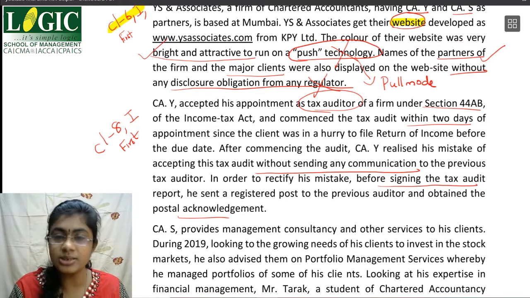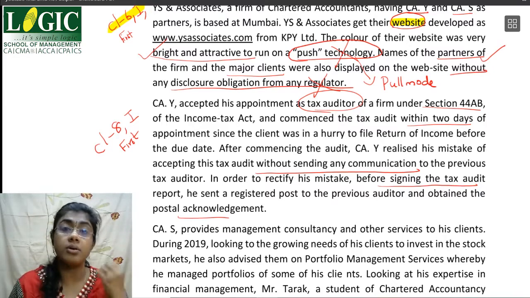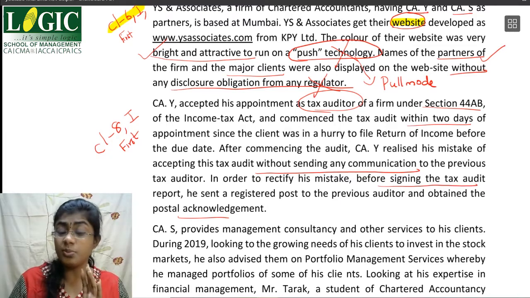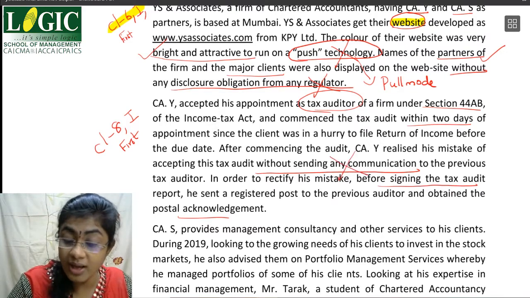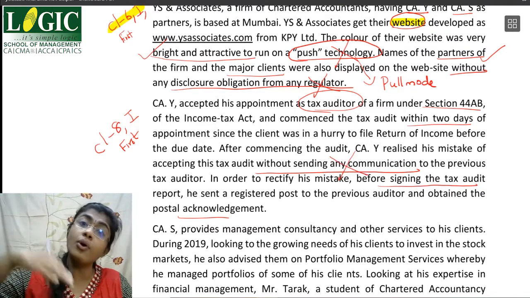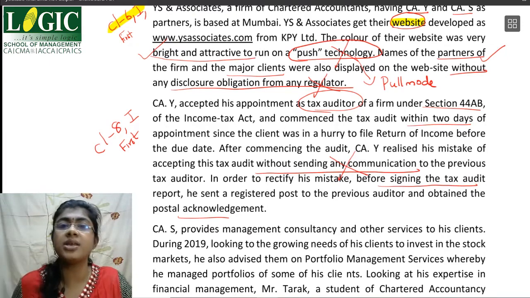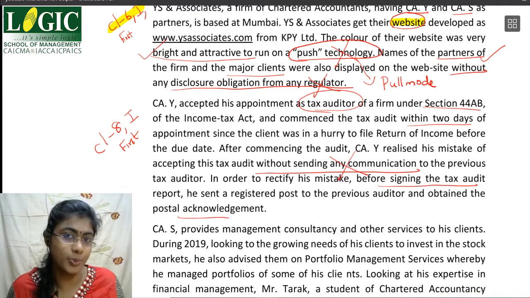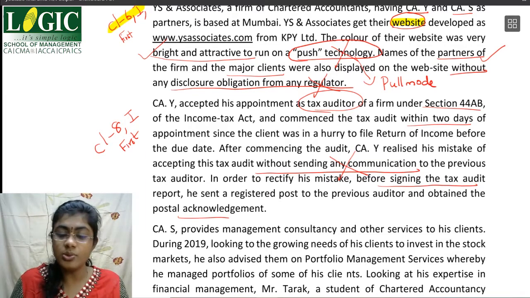This communication as per the guidelines is mandatory for statutory audit, tax audit, concurrent audit, etc. So here he started off the audit but he communicated before signing. Is it valid? Answer is no. He should have communicated before commencing the audit, not before signing of the audit report. Okay. So again, CAY will be guilty.